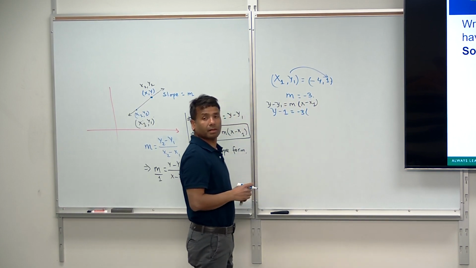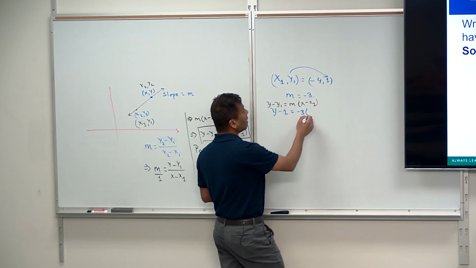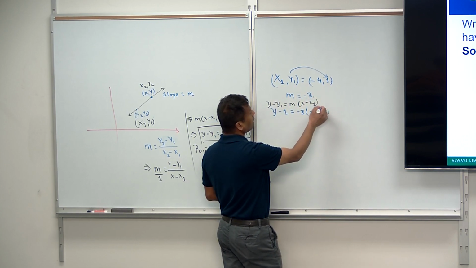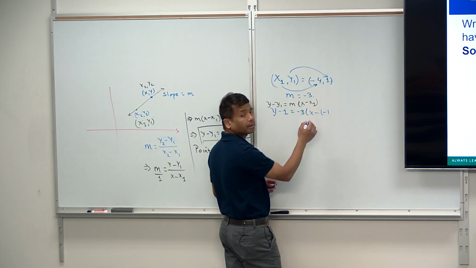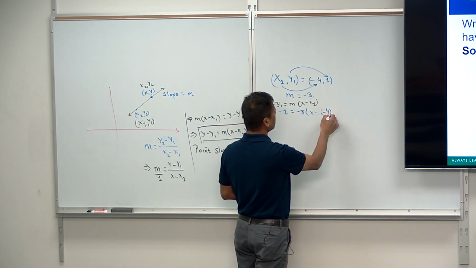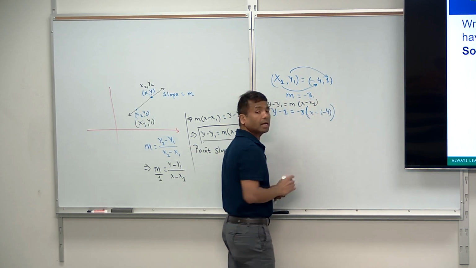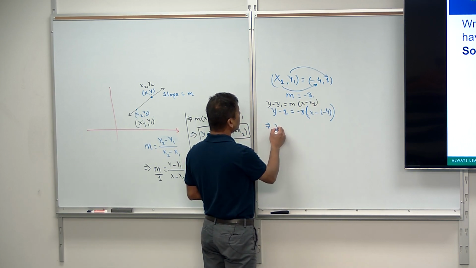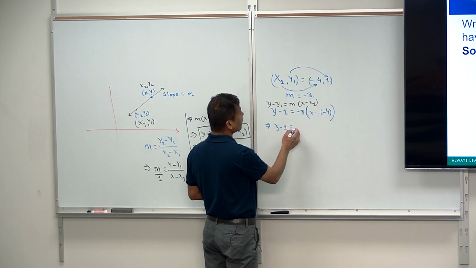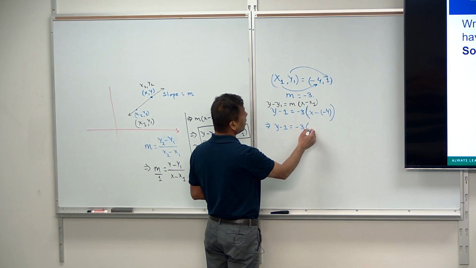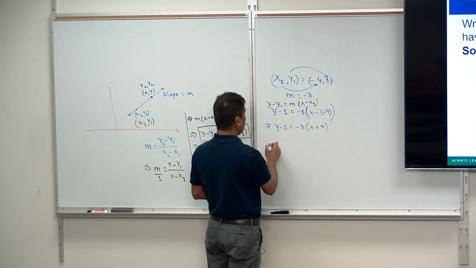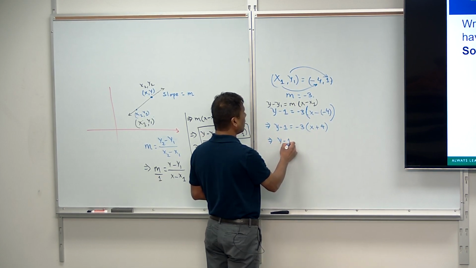Negative 3, right? And then you have x minus, what is the value of x1? Negative 4. So now this is going to be y minus 1 equals negative 3 times x minus negative 4, which is x plus 4.